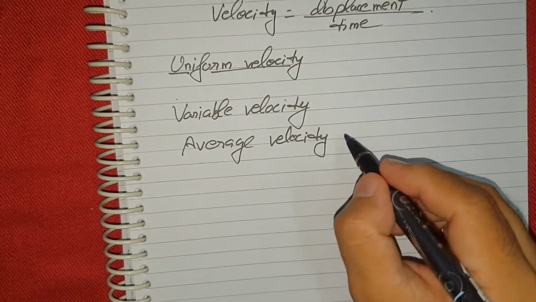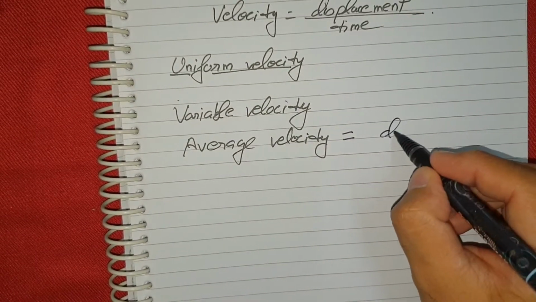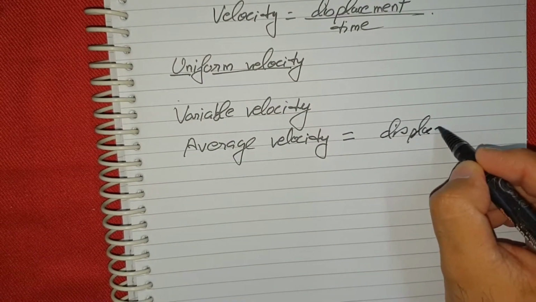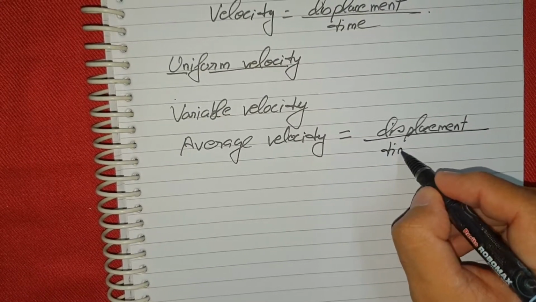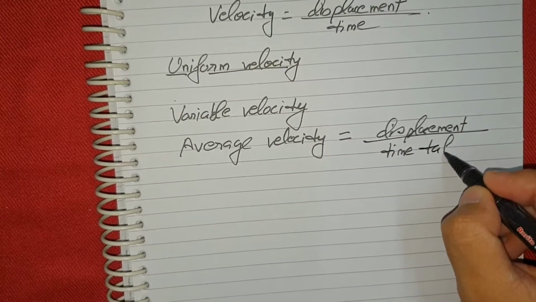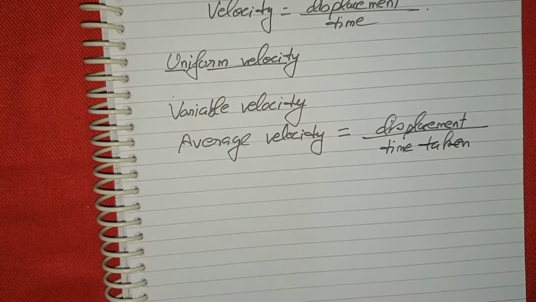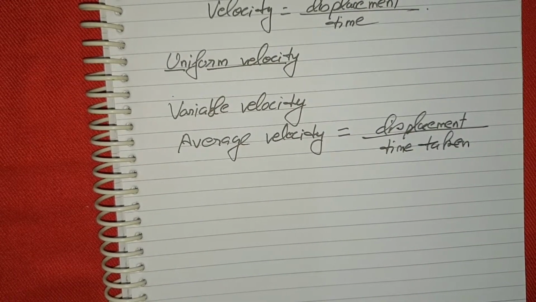Or by simple formula, average velocity is the net displacement upon the time taken. So, average velocity is total displacement or net displacement upon time taken.